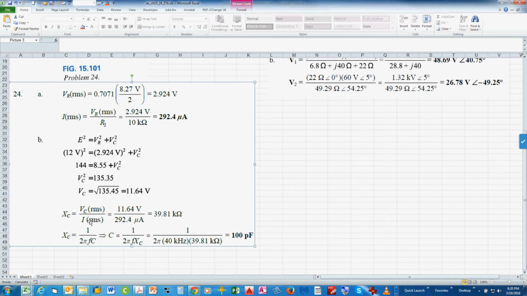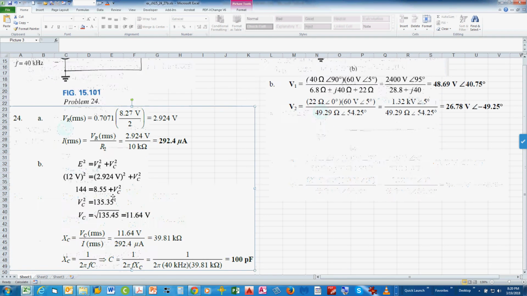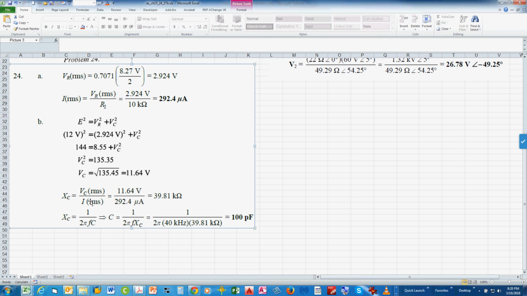So then you take the value of the RMS, this is Ohm's law again, but what you're looking for is to find the capacitance, so you have to find the reactance first. So you take that voltage, divide by the current, and you get the capacitive reactance.